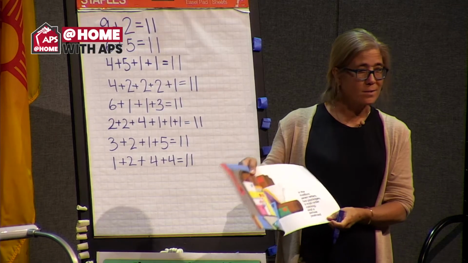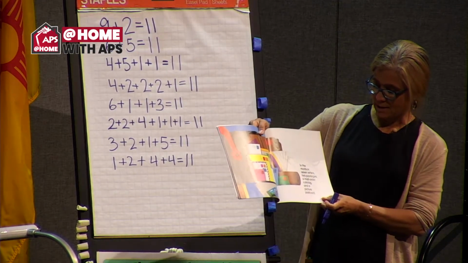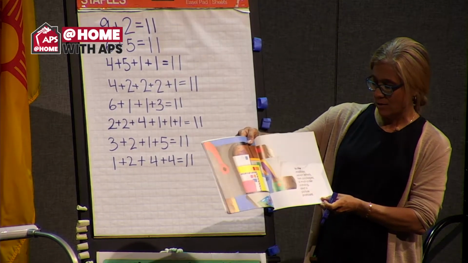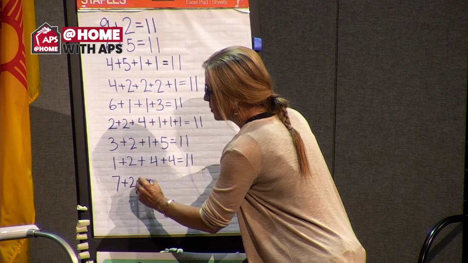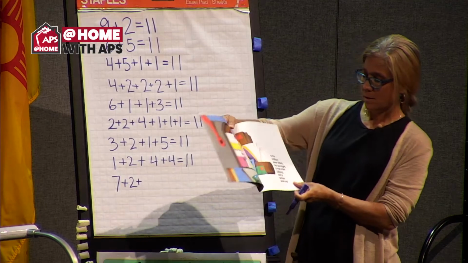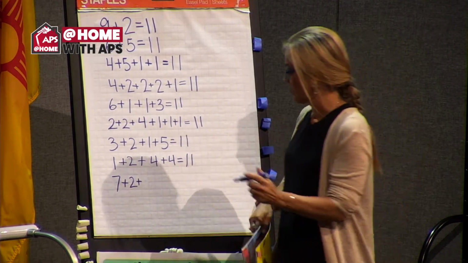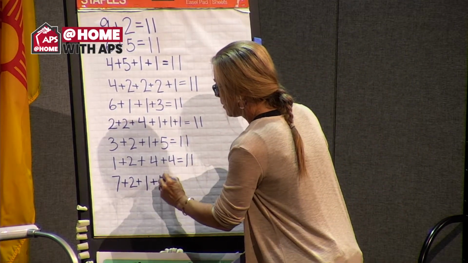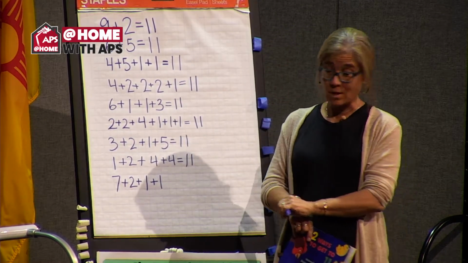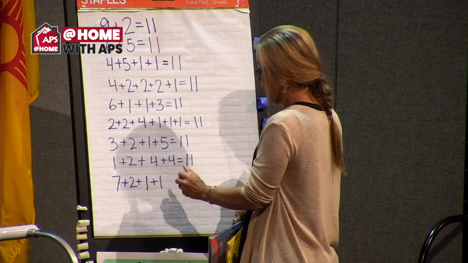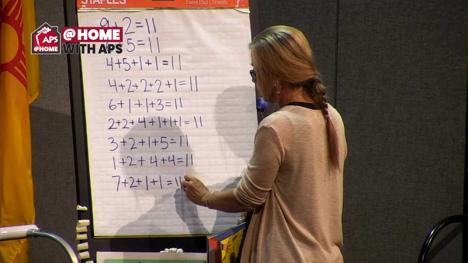The mailbox. We didn't figure this one out, but I'm betting it's 11. 7 letters, 2 packages. So 7 plus 2 plus 1 catalog and a picture postcard. This 2 and 1 makes 3, and 7 and 3 makes 10, and 1 more is 11.